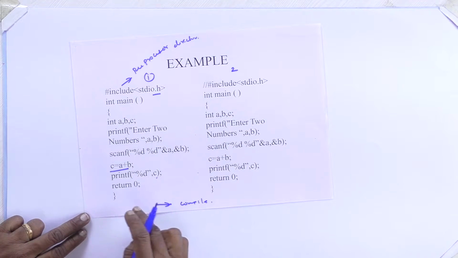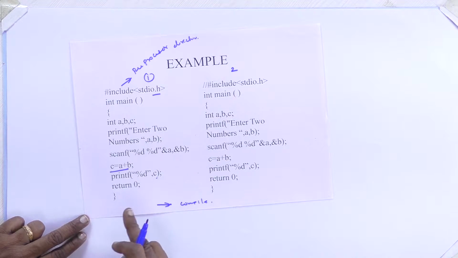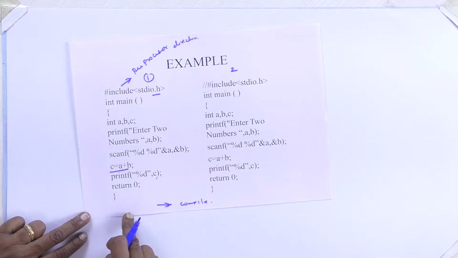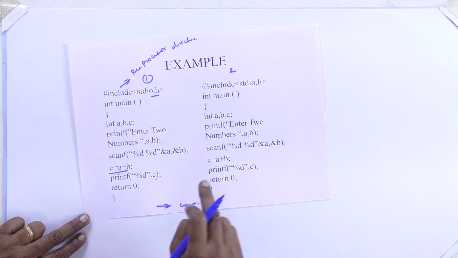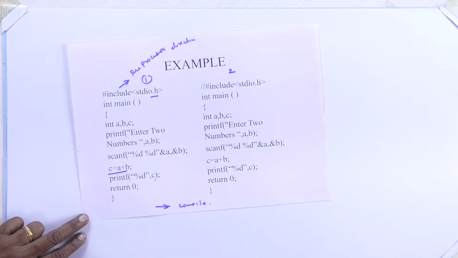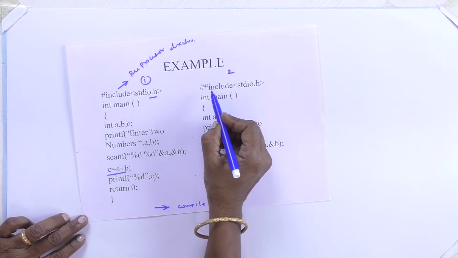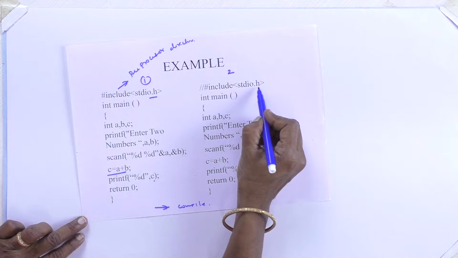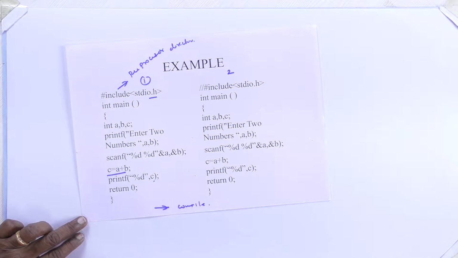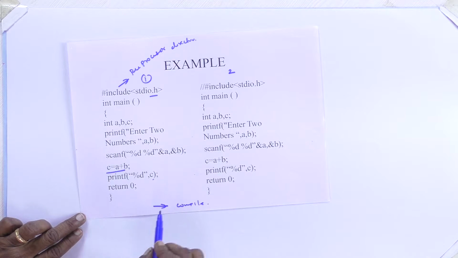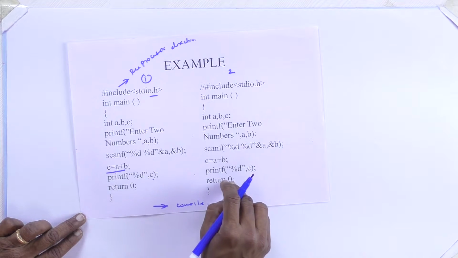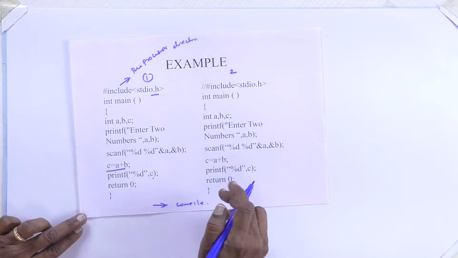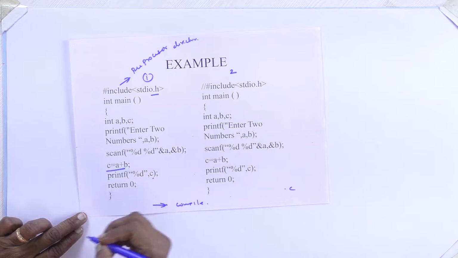Program 1 will get successfully compiled and it will print the result of c. So what will happen to program 2? Here the preprocessor directive has been commented. Actually, when we compile program number 2, automatically it will be in .c extension.